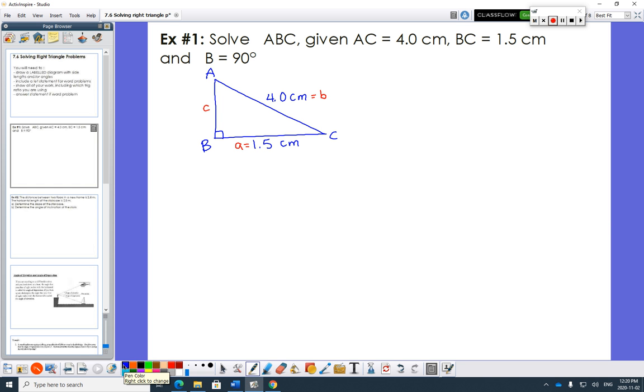In this case, it asks you to solve the triangle, so that means we need to find all the side lengths and all the angles. There's a variety of ways to answer these questions. So right now, we could even use the Pythagorean theorem to find side C. You can choose what you want to do first and what you want to do next.